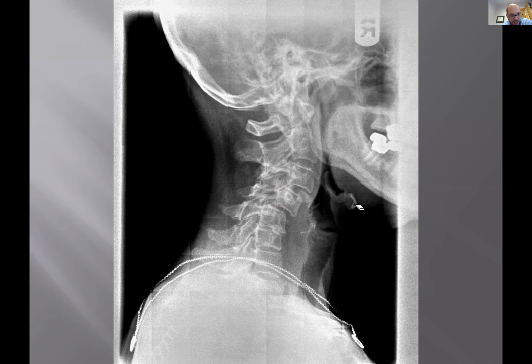But an interesting case of, I think, pretty massive subluxation related to lupus that's causing clinical symptoms. And you say, well, how in the world am I going to know that lupus causes subluxation?